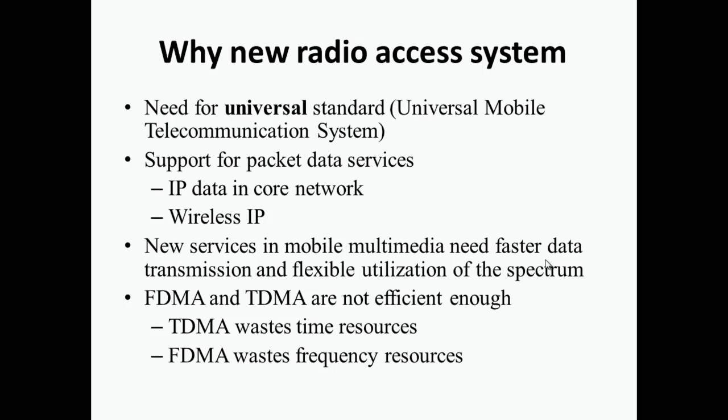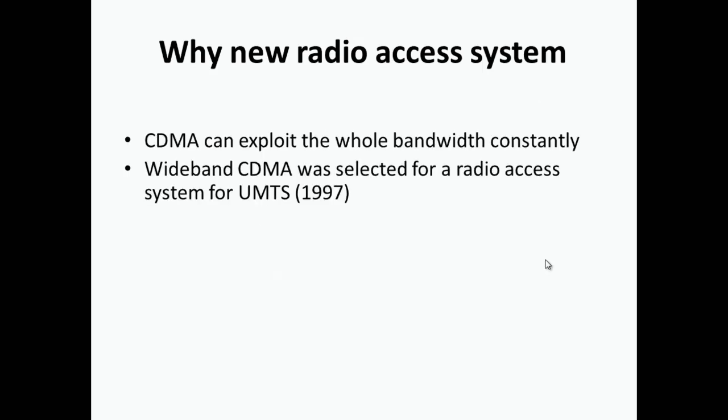That's why, to overcome these limitations, we started UMTS with CDMA. CDMA stands for Code Division Multiple Access. CDMA provides us the whole bandwidth constantly and continuously. A new version of CDMA is WCDMA, Wideband Code Division Multiple Access, that was used for UMTS in 1997.